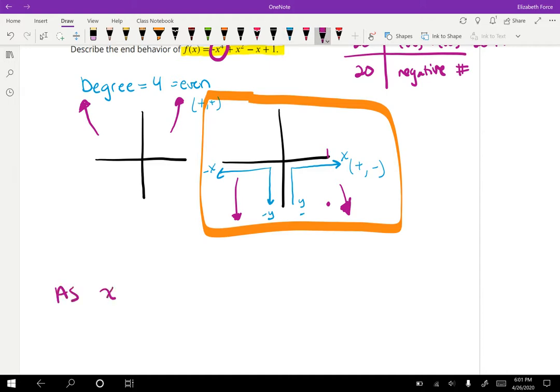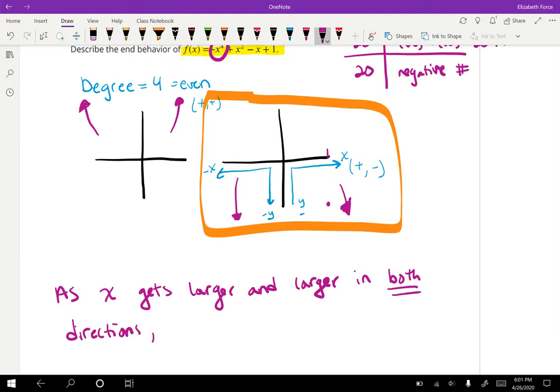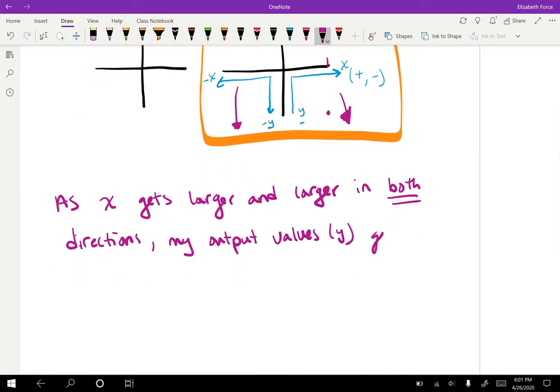So as x gets larger and larger in both directions, positive or negative, so that's important, in both directions, my output values, remember output values are just y, gets larger and larger in the negative direction.